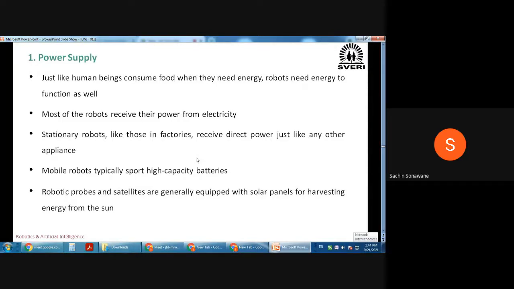Robotic probes and satellites are generally equipped with solar panels for harvesting energy from the sun. Sometimes these solar panels or solar energy are also used for the robot. Now you know about the Mars mission, that the United States of America, or America simply, has sent one robot or pathfinder on the Mars, means Mangalyaan.